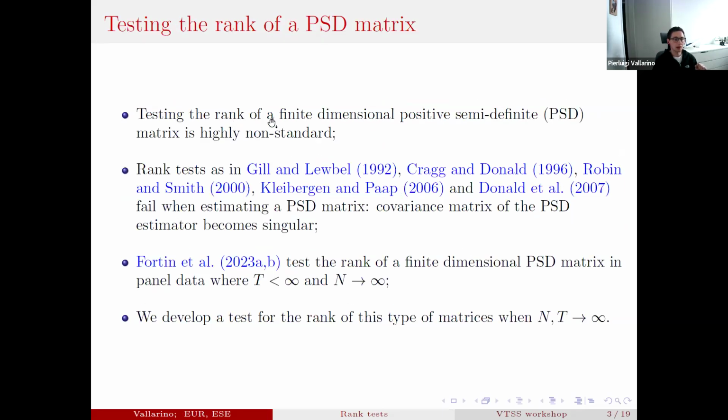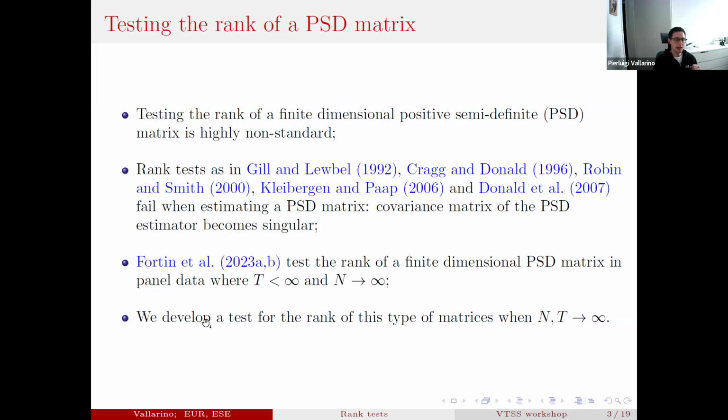Now, testing the rank of a finite dimensional positive semi-definite matrix is a non-standard problem. Indeed, usual rank tests do not apply in this case. This is because the covariance matrix of the estimator for the PSD matrix of interest is necessarily singular. Gagliardini and Gouriéroux recently developed some methodology to test the rank of a finite dimensional PSD matrix in panel data where the temporal dimension is finite, while the number of cross-sectional units is diverging.